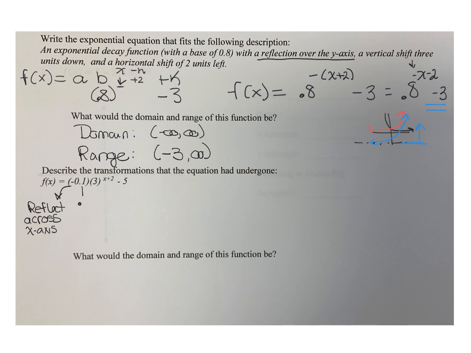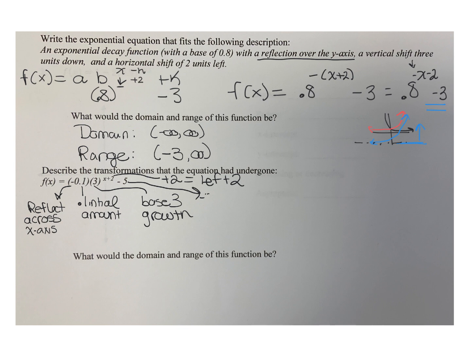You have a 0.1 initial amount. Our base is 3, which means I'm going to be a growth. The +2 means I went left 2, and this -5 means I went down 5.